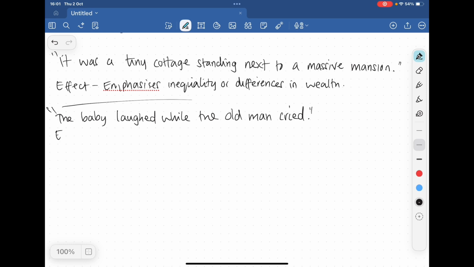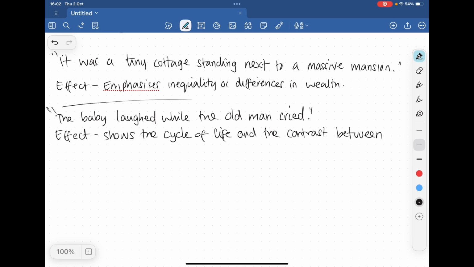Here the effect of this one could be that it shows the cycle of life and the contrast between innocence and experience. A baby who has no experience can be seen as innocent.